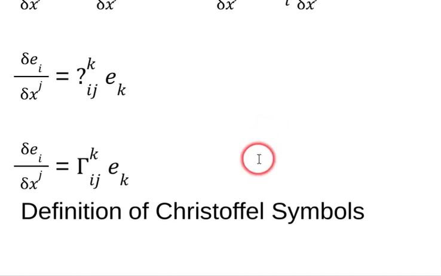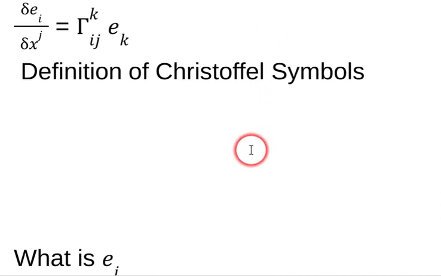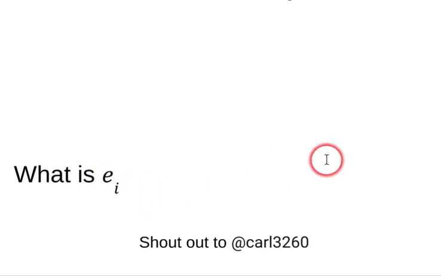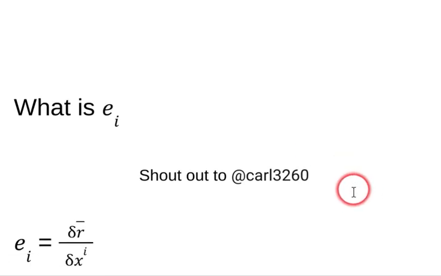Well, thanks to a shout out to Carl, in what he commented in one of my videos, reminding me what a basis vector actually is. A basis vector is actually the derivative of a position vector with respect to a coordinate, right?